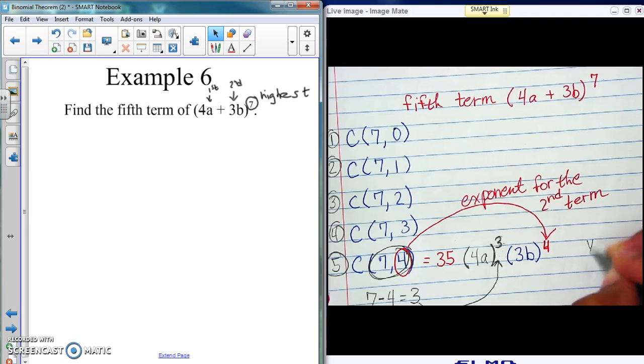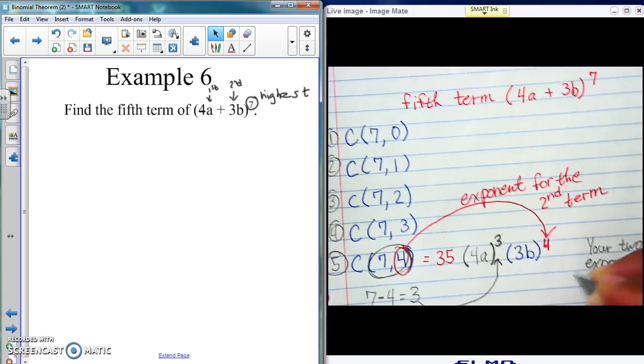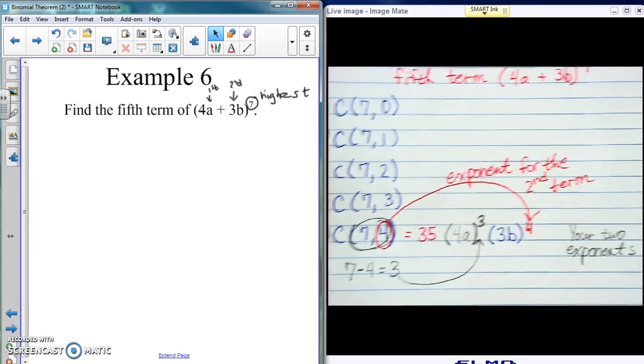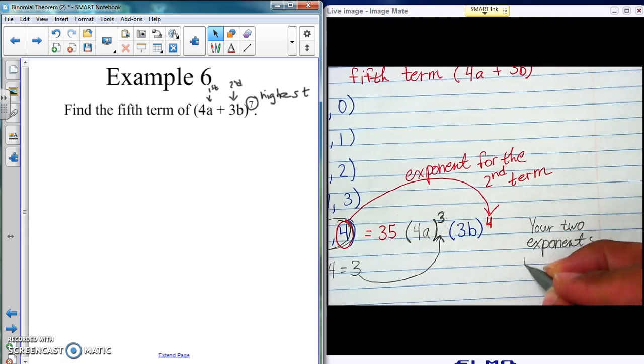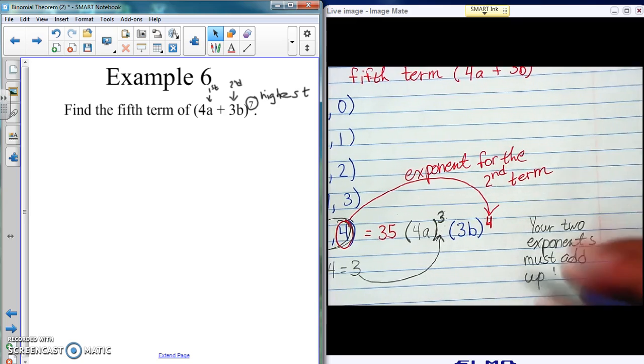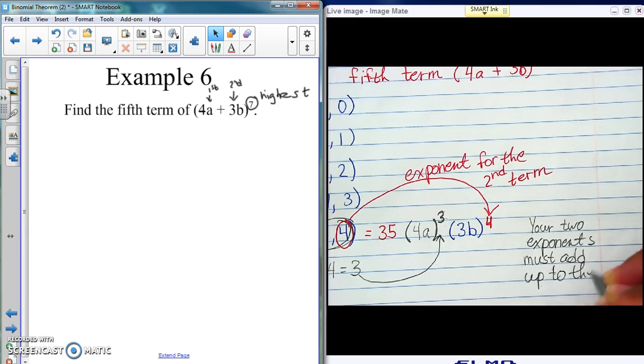So let's write that. Your two exponents must add up to be 7, or the highest exponent here.